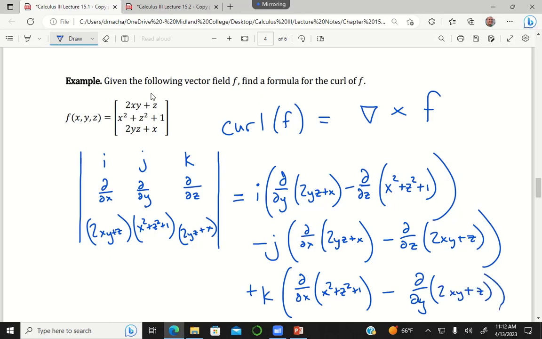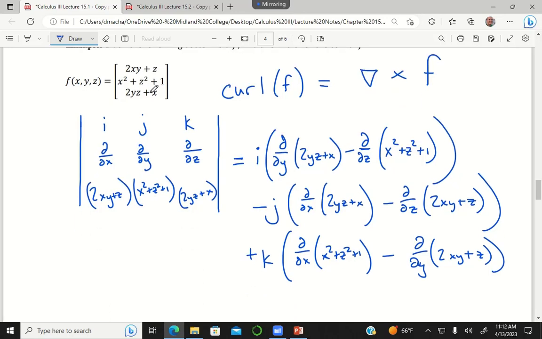And so this curl is going to end up being itself a vector field.